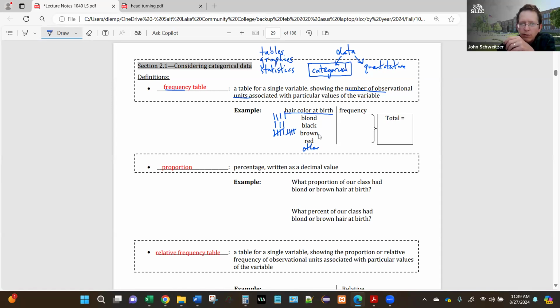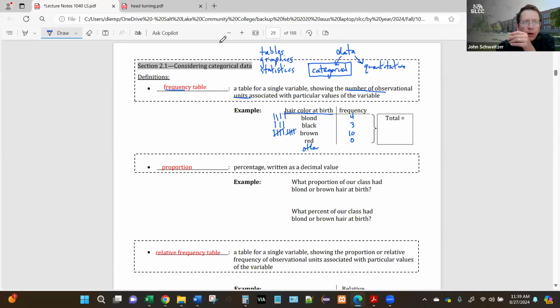Okay, I think I have everybody. I've just done tick marks over here on the left, and then we can count those up. So there were 4 with blonde, 3 with black, and then 10 with brown. And I'm not seeing anybody who had red hair. So yeah, good. So what is that? That's our frequency table. There it is. It's right there in front of us.